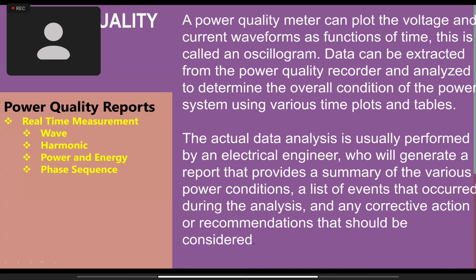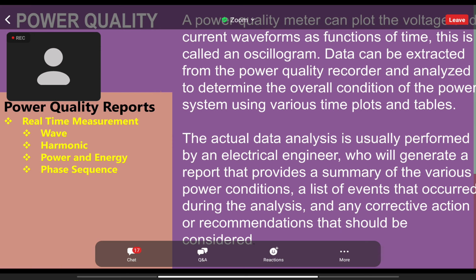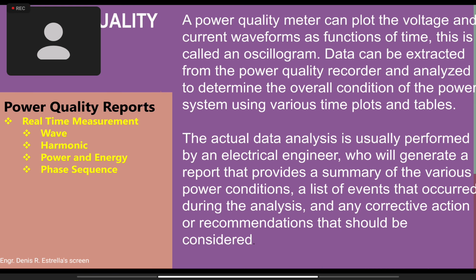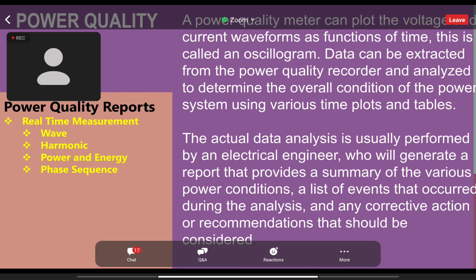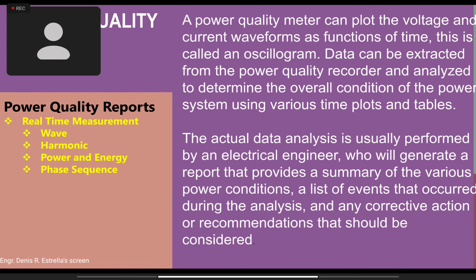Now, there are types of power quality meters or analyzers that have more advanced settings that can give us a better view on how our system behaves, para magamit natin in addressing also the issues. Data can be extracted from the power quality recorder and analyzed to determine the overall condition of the power system using various time plots and tables.